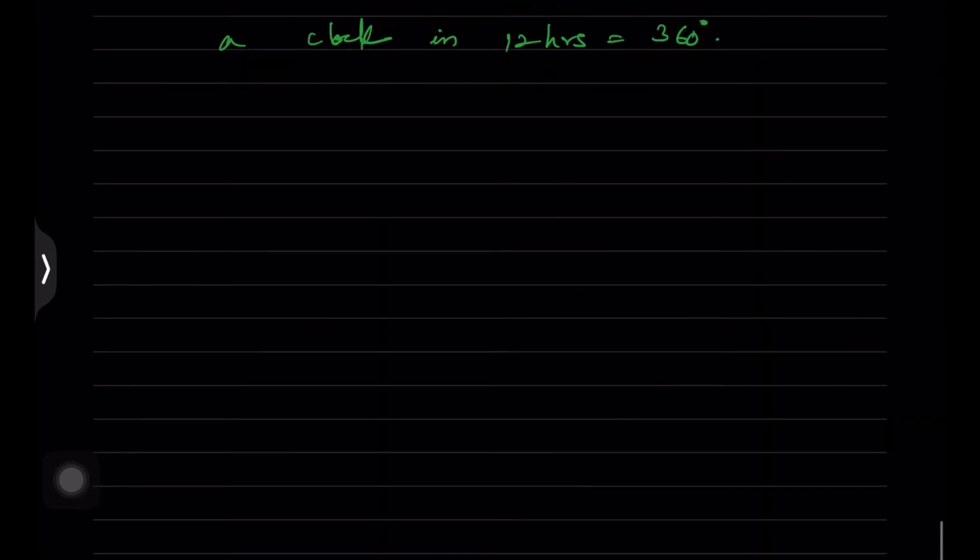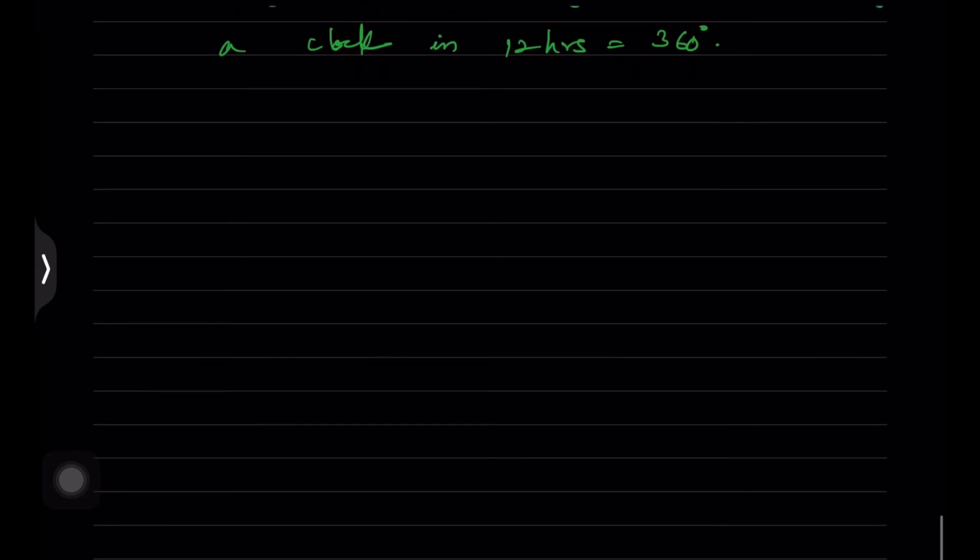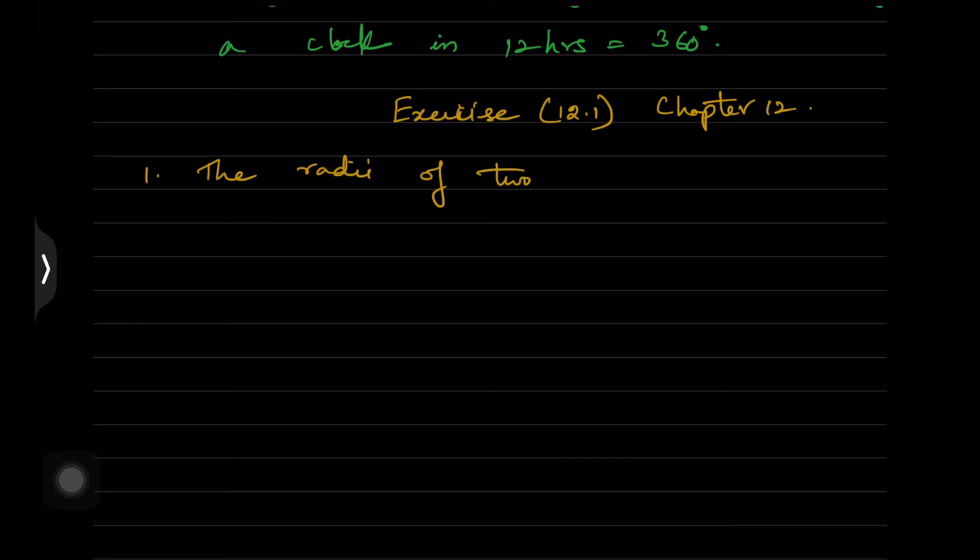Now we'll go into exercise 12.1, chapter 12, that is areas related to circles. So what is the first problem? We'll see. The radii of two circles are 19 centimeters and 9 centimeters respectively.